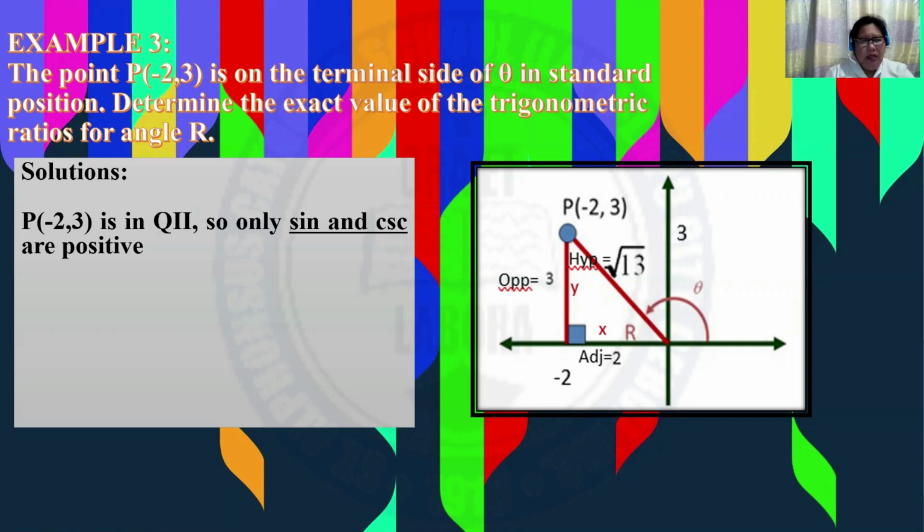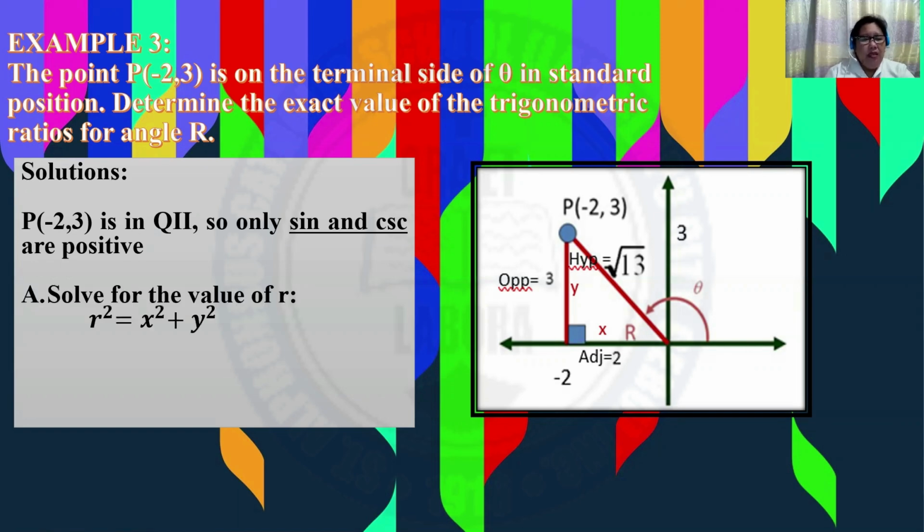Since the x-coordinate has a negative sign and the y-coordinate has a positive sign, it is found in the second quadrant. So only sine and cosecant are positive. First, we have to solve for the value of r.